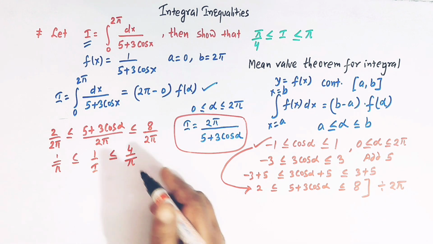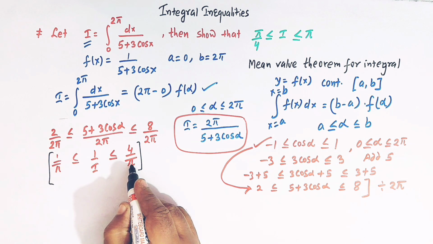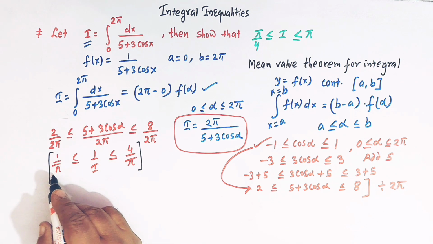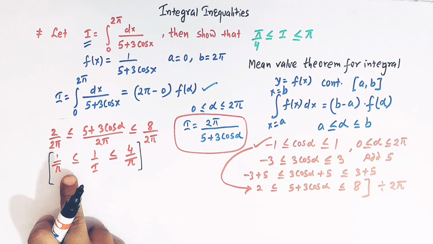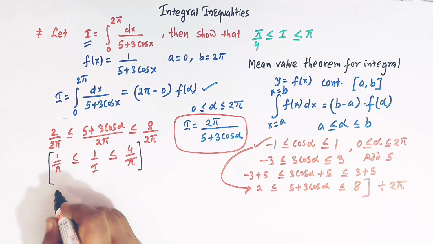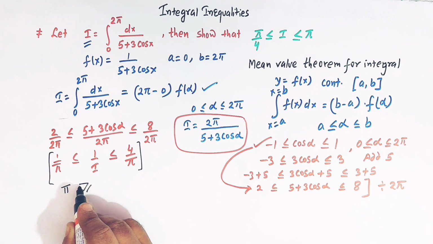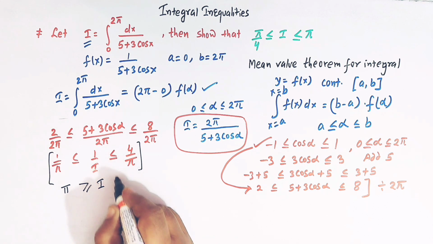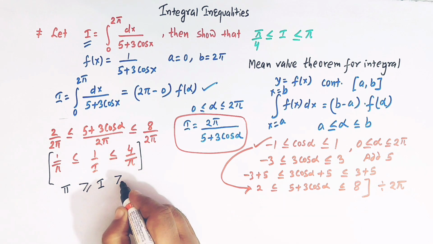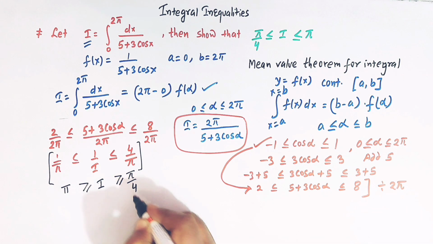So now let us take the reciprocal of all these three terms, right? When we take the reciprocal of these three terms, the direction of the inequality gets reversed. So here we have pi, then the sign of greater than or equal to, then here we have I, and here also the direction gets reversed, so we have pi over 4, right?